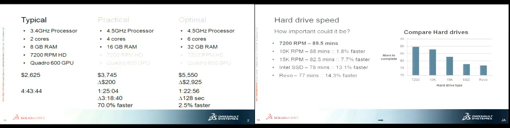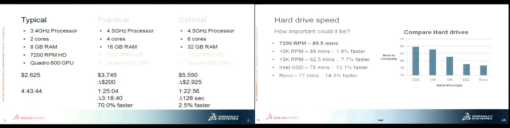We did not test multiple drives for different roles. We've done this in the past, but now that we don't need a separate drive for swap because we aren't worried about it, we didn't test those multiple drives for different roles. So we just stuck with one hard drive at all points in time. And what we saw, our baseline machine, that was run that 7,200 RPM drive. As we go through the 10,000 and the 15,000 RPM drives, we get a little bit of speed.